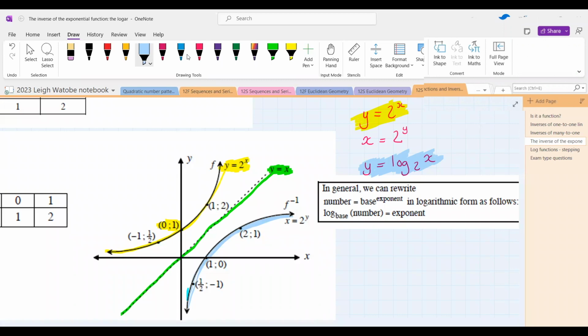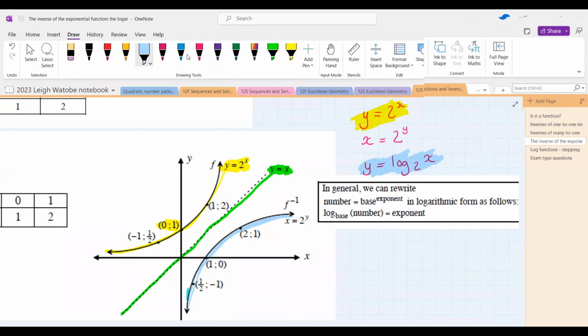Okay, Amahle, you got a question? Yes, I do, ma'am. When the asymptote is 0, do we always have to draw the inverse over the line y is equal to x? Yes. If you haven't done a reflection over the line y equals x, you're not talking about an inverse.